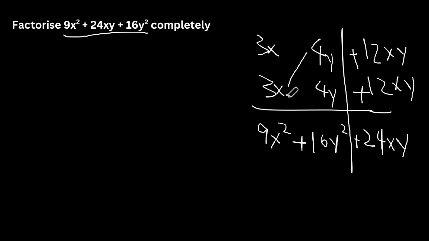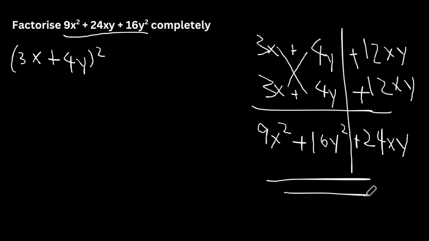So 3x times 4y gives you 12xy, 3x times 4y gives you another 12xy, and it's plus here, plus here. So the answer to this is (3x plus 4y) squared. Easy peasy, just using this method.